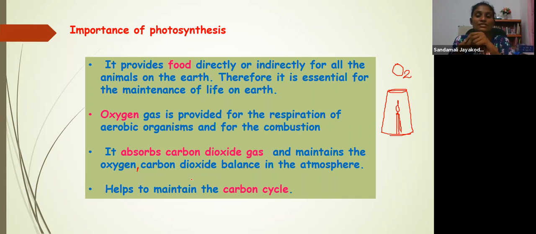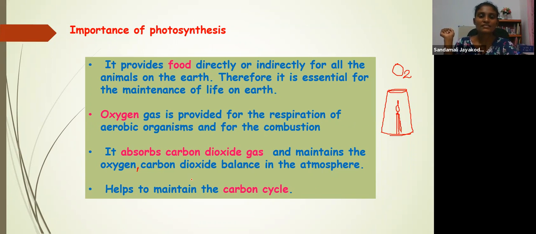Nowadays, due to the high amount of vehicle emissions and also the smoke coming out from the factories, the carbon dioxide concentration in the atmosphere is very high, and also we are cutting down all the trees one by one.